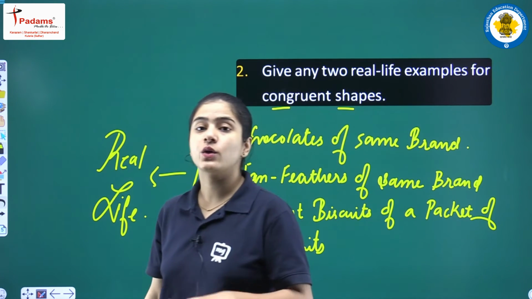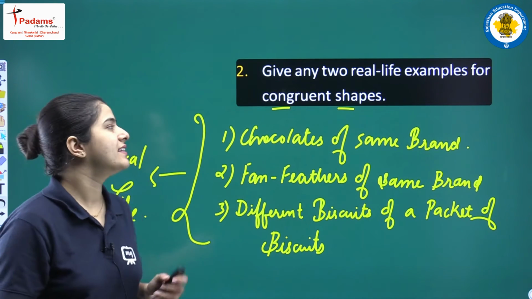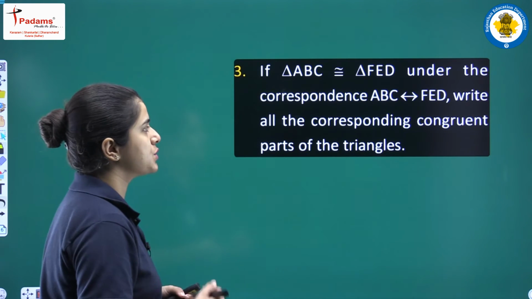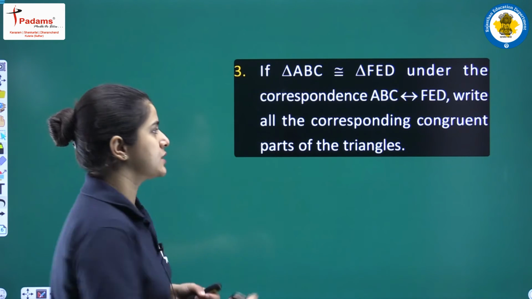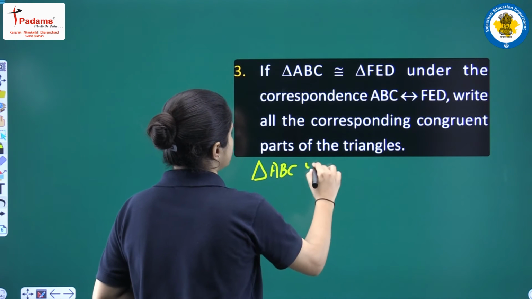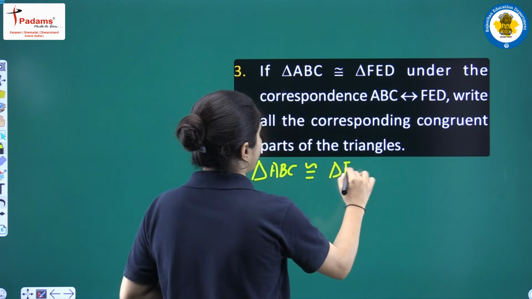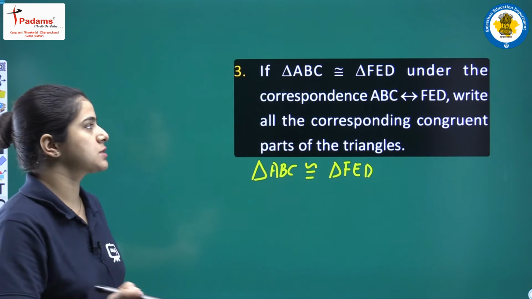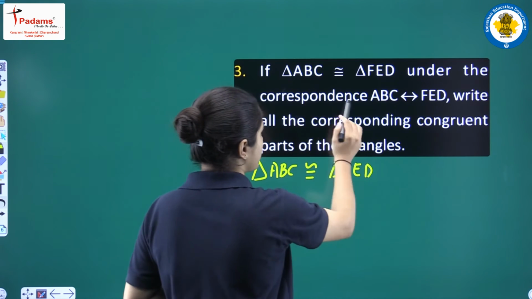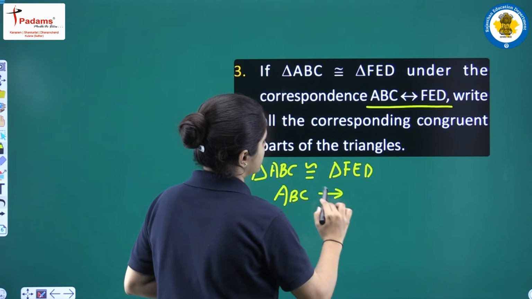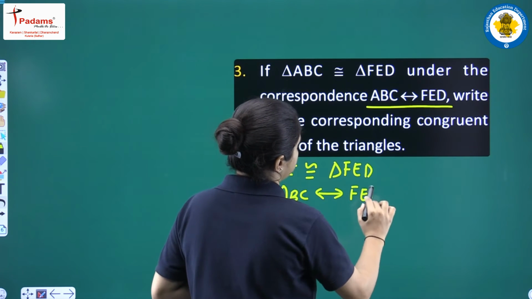Alright students, looking at the next question: if triangle ABC is congruent to triangle FED, where the congruency is under the correspondence where ABC corresponds to FED.